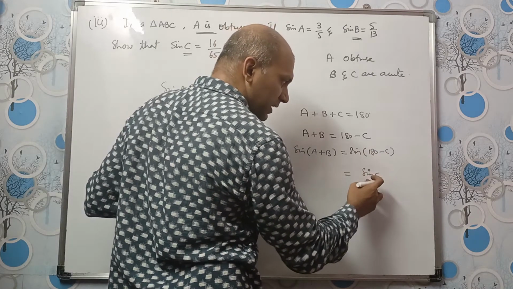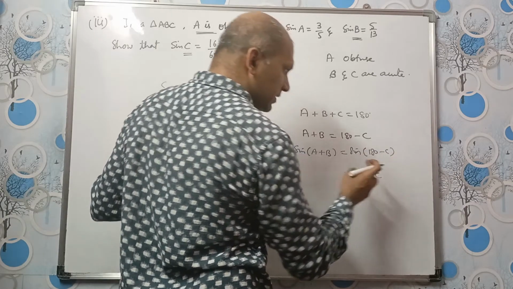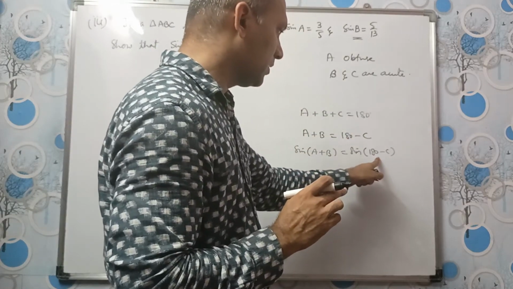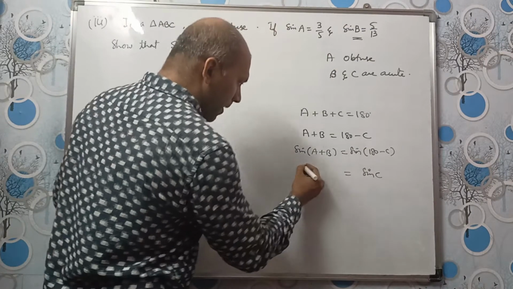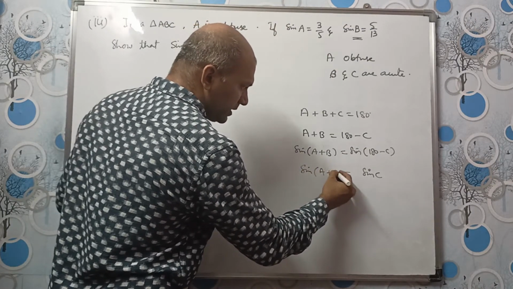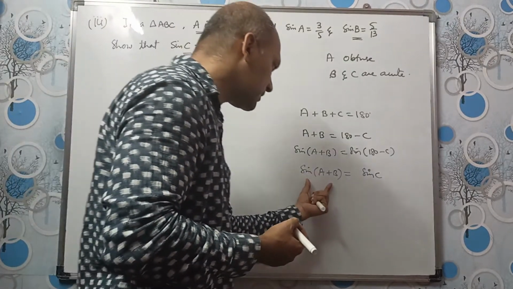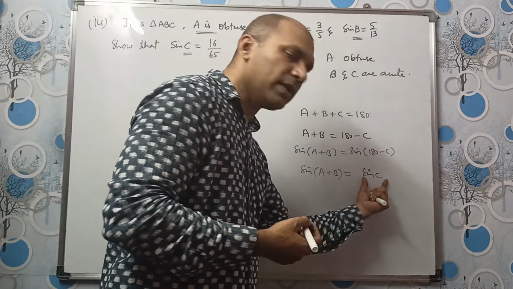So sin will remain sin. So it will be sin C, because 180 minus C is in the second quadrant. So sin C is in fact equal to sin of A plus B. If we find the value of sin of A plus B, we'll get the value of sin C.